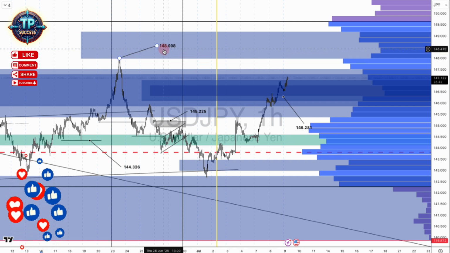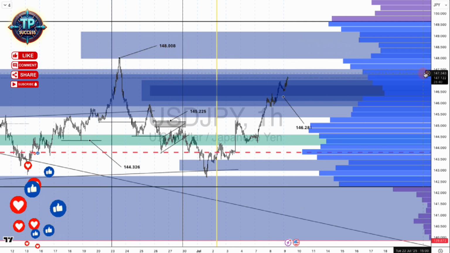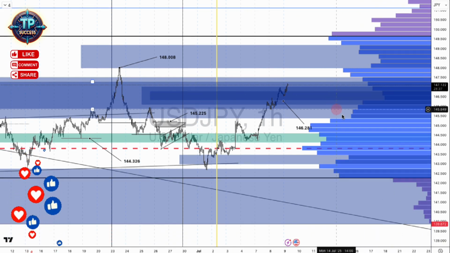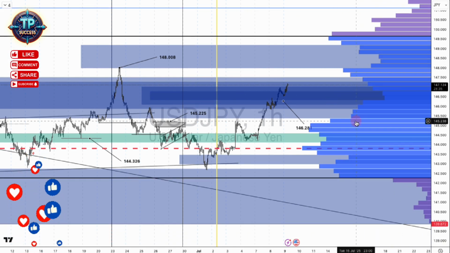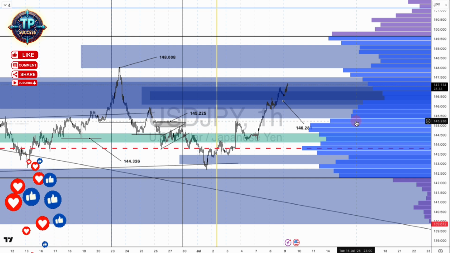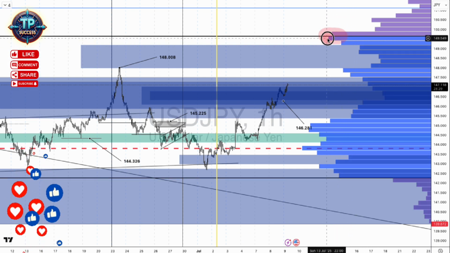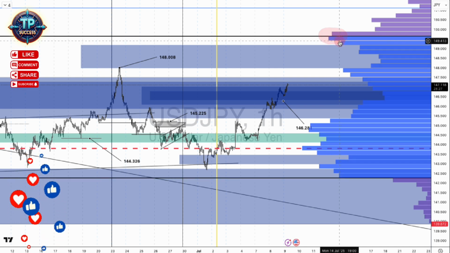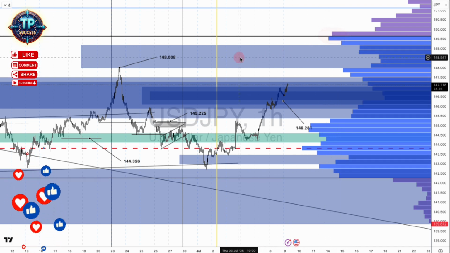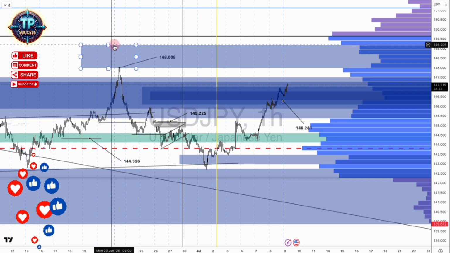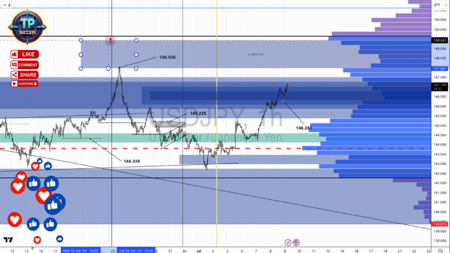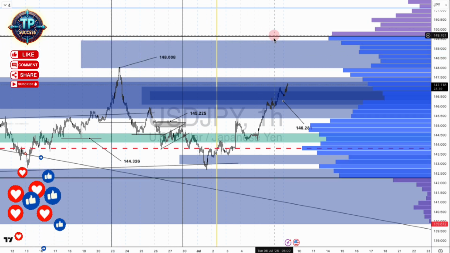So the boundary of the high value area of the volume profile, based on the fact that normally I would expect to see low value nodes here, but it's kind of moved down a bit as to where this current level is. We'll do the same thing there again.